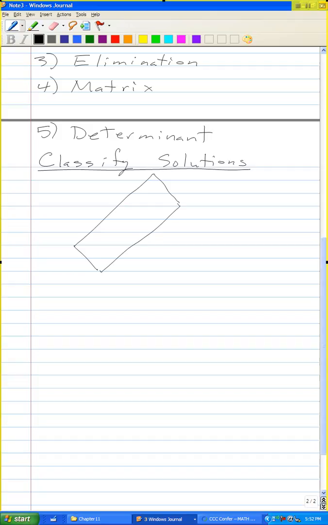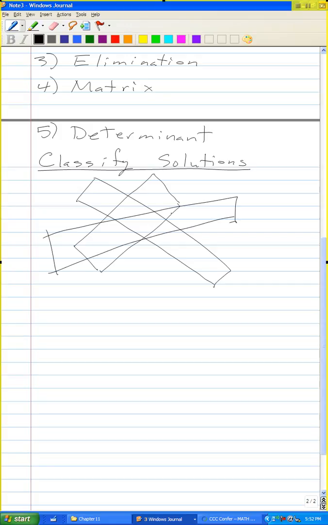That's a solution. And so suppose I have another equation. Well, it's another plane. And then lastly, let's pick another plane. And so these could all intersect at one point if they're all going at different angles.